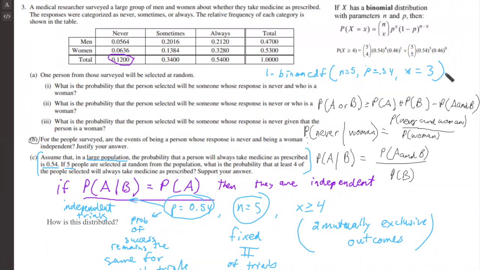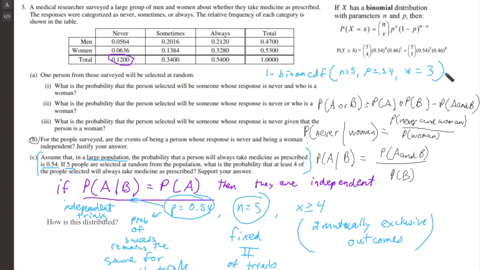I used binomial PDF and entered 5 for the number of trials, 0.54, and then 4 for my x value, 4 successes. And then binomial PDF for 5 trials, 5 successes. And then I got 0.12. 0.12 is also off. 0.1217.